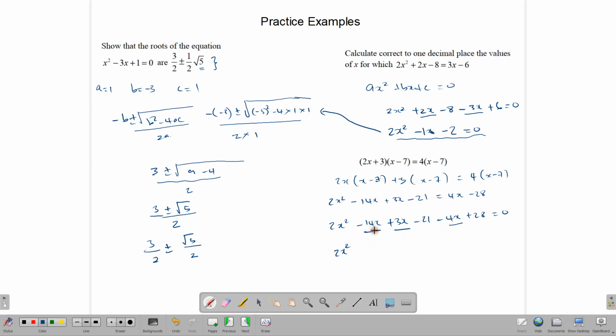This gives us minus 14x plus 3x gives us minus 11x, and minus 11x minus 4x gives us a minus 15x. Negative 21 plus 28 gives us a positive 7, and this would be the equation in standard form. And now that we have it, we can use that formula to go ahead and solve it.